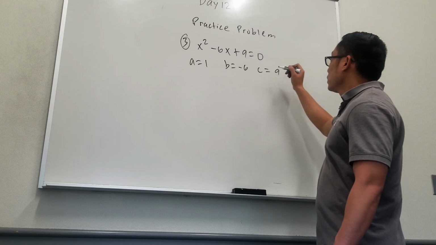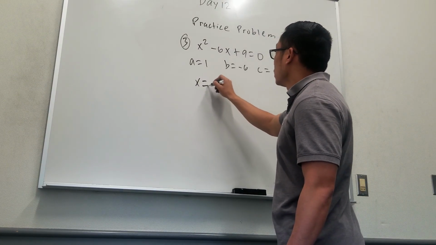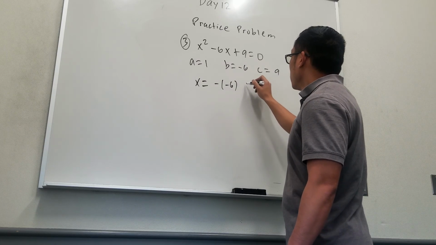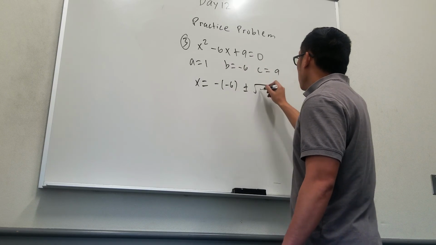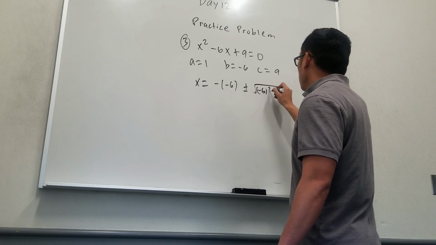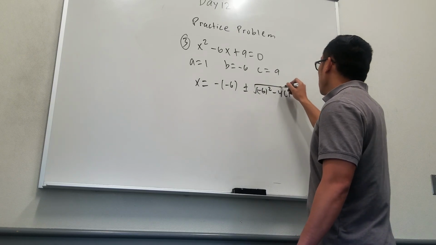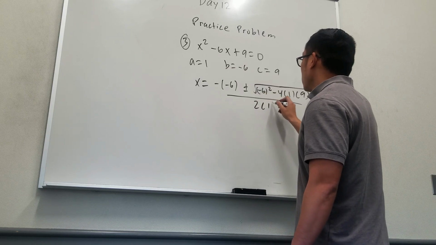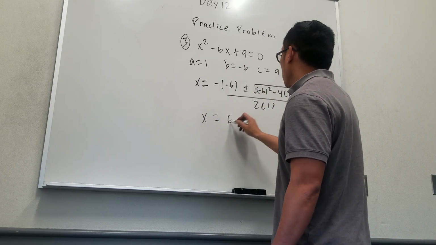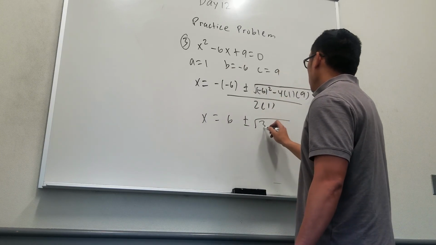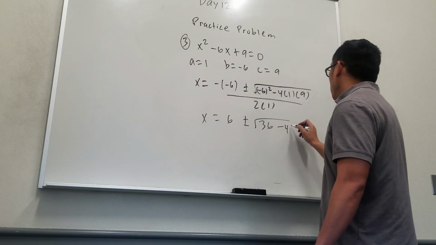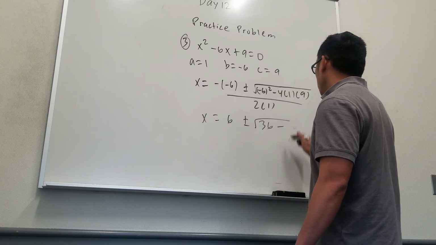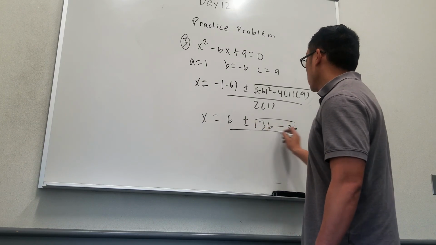So try it out if you haven't tried it. You have x is equal to negative b plus or minus the square root of b squared minus 4 times a times c, all over 2 times a. So you have x is equal to 6 plus or minus the square root of 36 minus 4 times 1 times 9, which is 0.